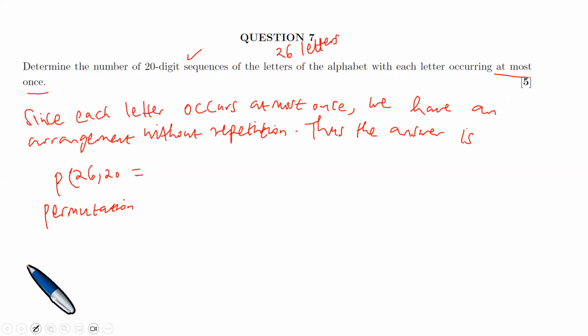And then what do we get? Which is 26 times 25 times and so on times 7.